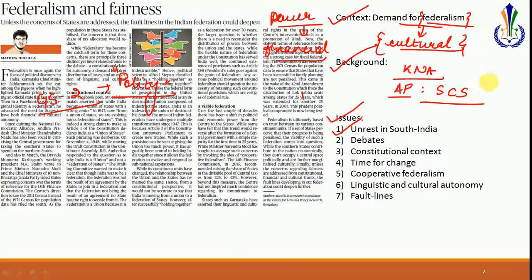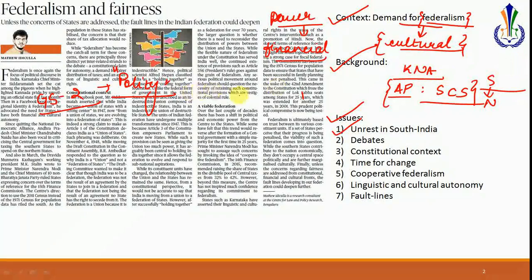And in this context, the alliance between the ruling party in Andhra Pradesh and the BJP government has also been severed. So this is something that is important. Also, the Chief Minister of Andhra Pradesh has made a statement that the central government is taxing the southern states and transferring that money to the northern states. So this north-south divide has been reasserted.